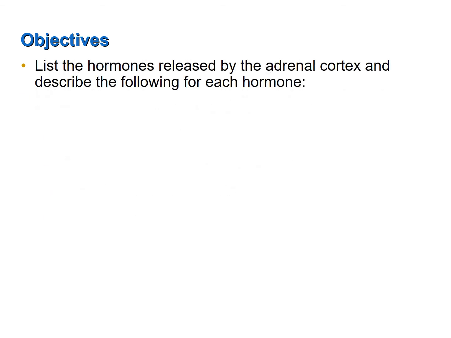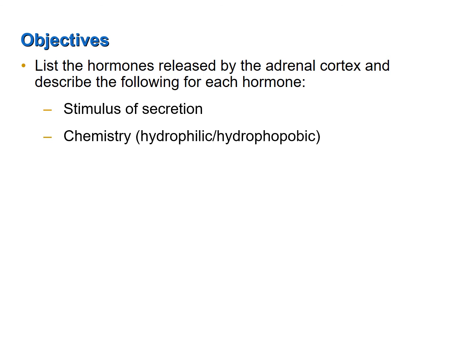For the adrenal cortex, list the hormones that are released and describe for each hormone the stimulus of secretion, chemistry, whether it's hydrophilic or hydrophobic, target tissues and effects, and regulation. In our next screencast, we will discuss insulin, glucagon, and diabetes.